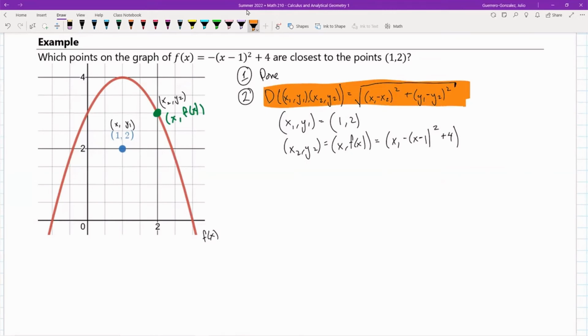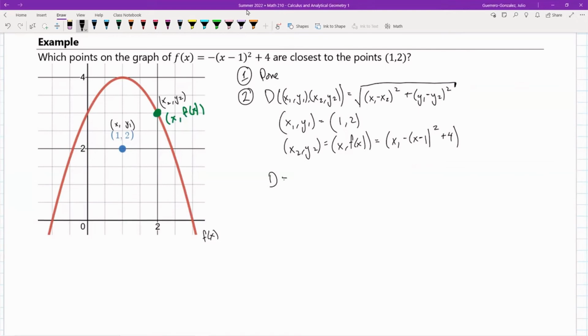I can use both of these coordinates in the distance equation, and hopefully get an equation which just has x's in it. So that's exactly what I'm going to do here. I'm just going to go ahead and write it out.